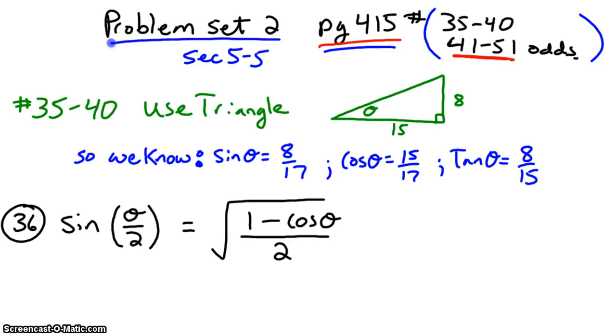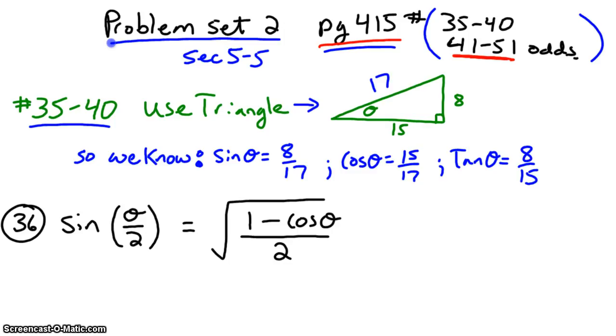So let us begin. If I look at problems 35 through 40, they ask us to use the following triangle. Now it is a right triangle, so I'll need the Pythagorean theorem to get the hypotenuse. When I work that out, a quick check, you can verify that it will be 17 for our hypotenuse.